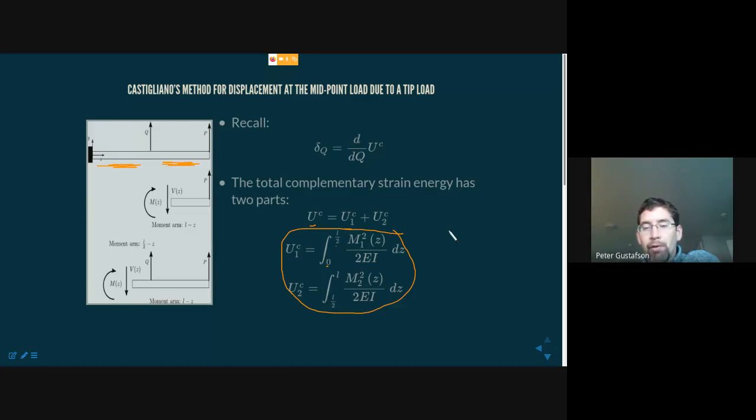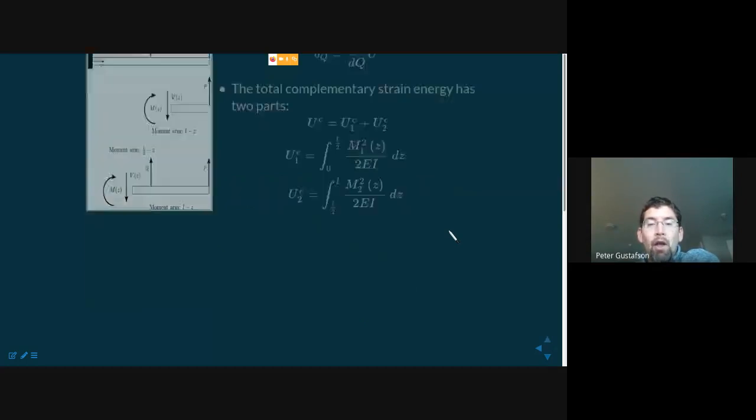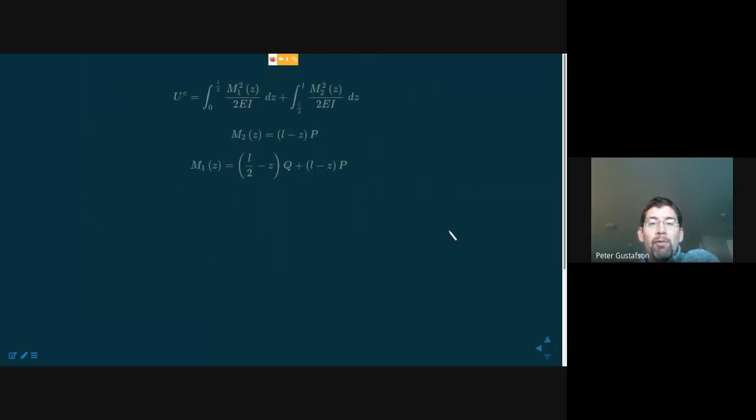And the area moments of inertia are constant, as well as the material properties, E. Okay, now this becomes just a problem of, can I write the moment? The answer is, of course, yes, I can. This term here, L minus Z times P, that was the moment that we used in our prior calculation.